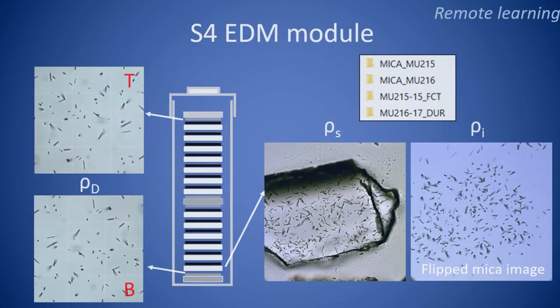In addition, an EDM submodule, which contains images of age standards from 2 irradiation cans, allows users to calculate their own user-specific zeta calibration through analysis of images of apatite and mica sample pairs and their co-irradiated external detectors from standard glasses.